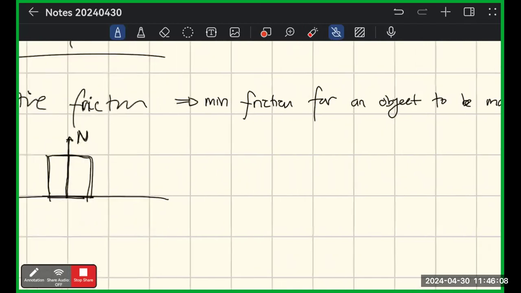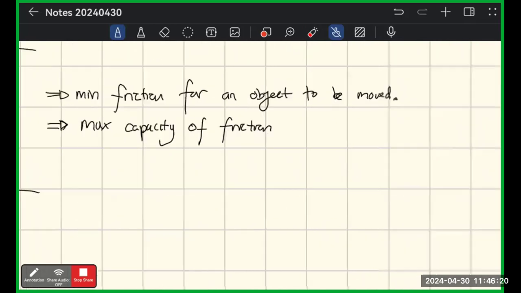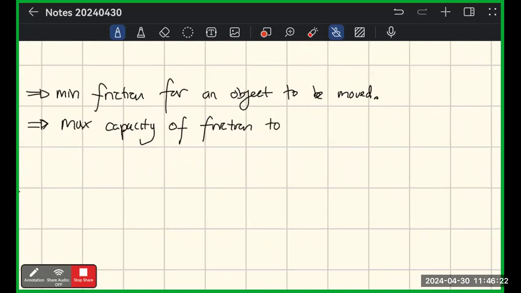Or we can also say that it's the maximum capacity of friction to keep an object remain stationary.